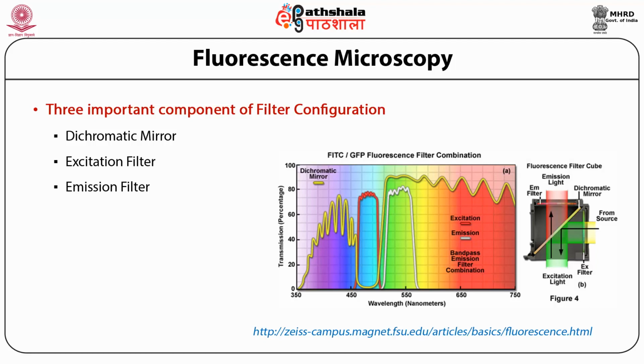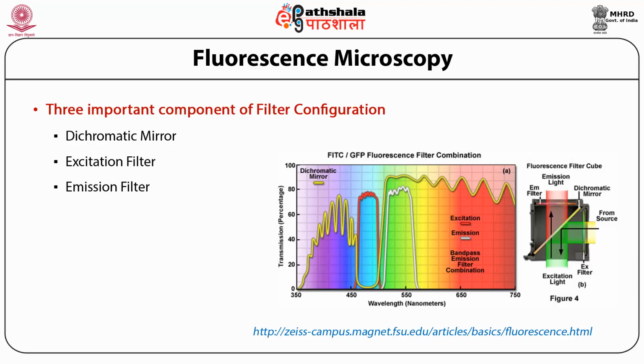And if it is shown in graph form, we see that the dichroic mirror, as you can see in this case, will allow all the wavelengths to get in. But because the excitation filter only allowed a specific wavelength to get in, the emission spectra also represent the amount of light that is allowed to get in.